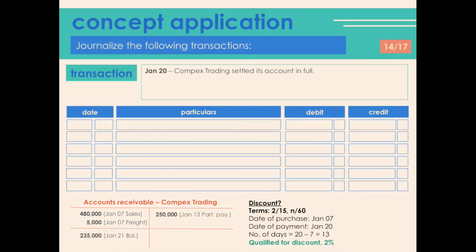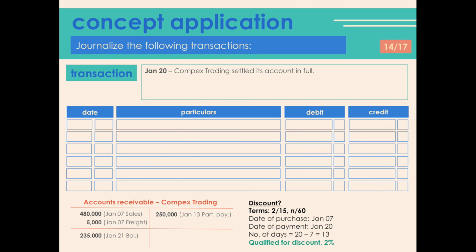Now we get the outstanding balance of 235,000. Since this is a full settlement, we should check whether the customer would be entitled to a cash discount. For this transaction, the terms are 2/15, net 60. Payment was made on January 20 or 13 days from the date of purchase. This means that the customer is entitled to a 2% discount.